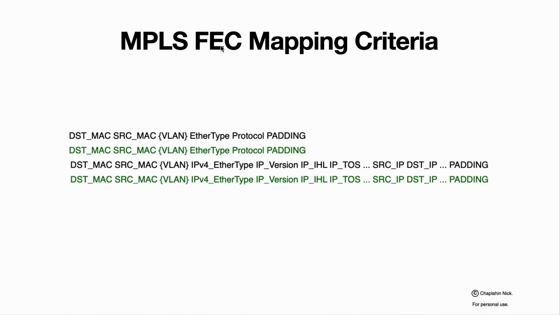In this case, you need to carefully read documentation of your specific vendor device, where possible combinations could be somehow limited or specified. So FEC is a frame that is classified somehow, and all frames in the specific FEC will receive a single label.